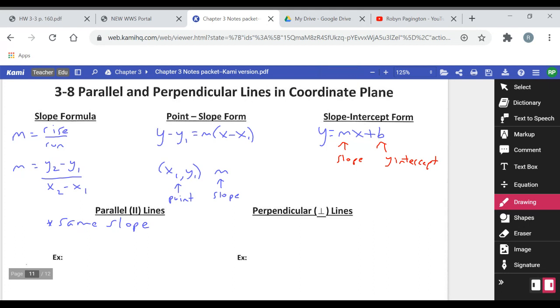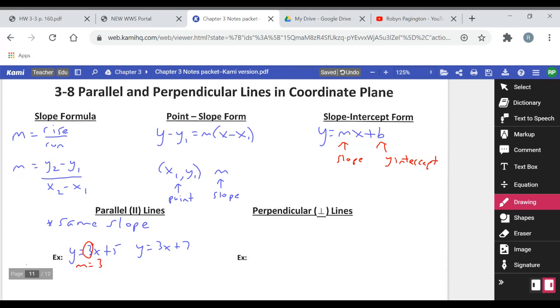and so they would be parallel. If I look at an example like y is equal to 3x plus 5, and y is equal to 3x plus 7, then I can see here that this is in slope intercept form and the y is by itself, so I'm looking at this 3 and saying, okay, this has the slope of 3.